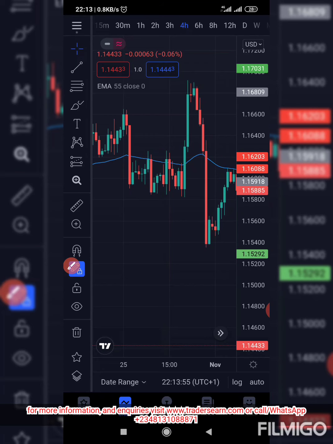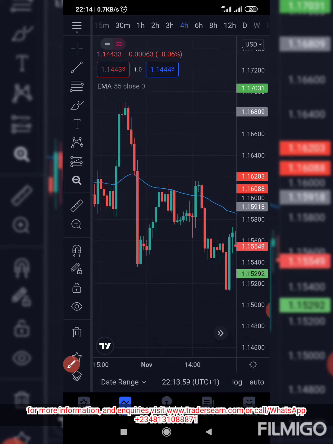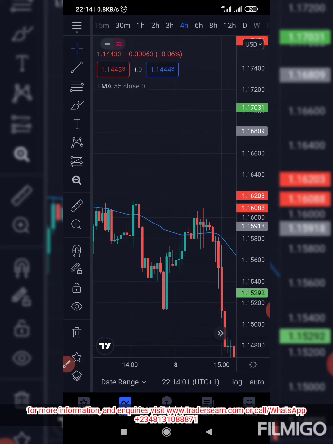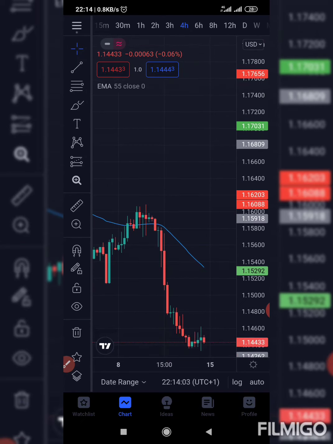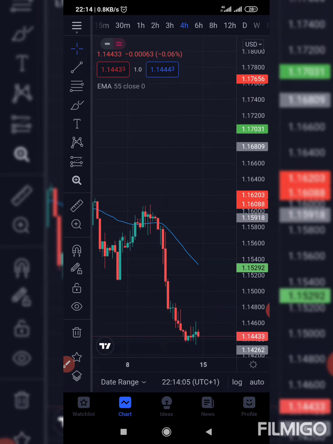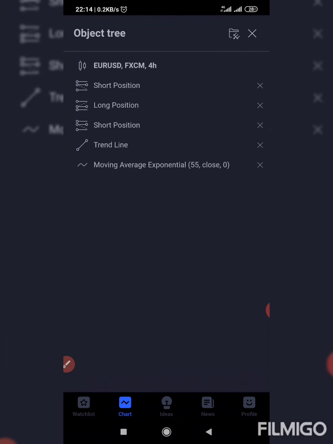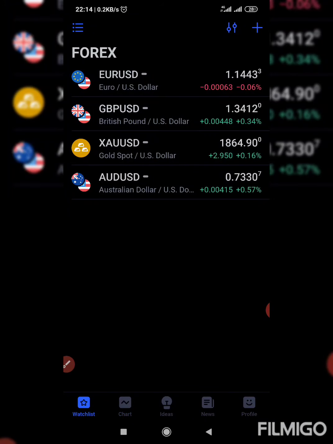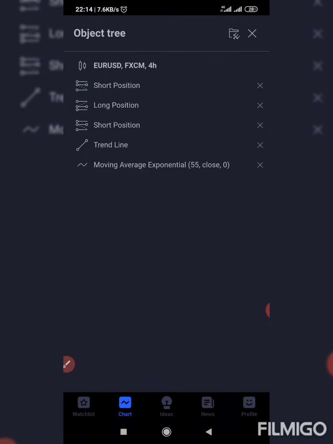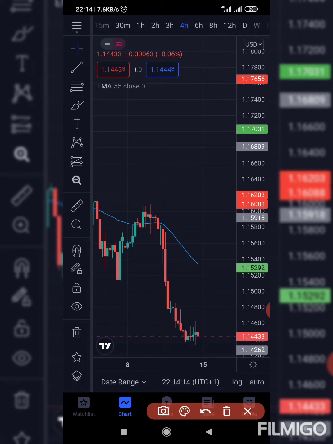Okay. So now, apart from support and resistance, another thing you can use it for is to define the trend. This is how you use it to define trend. When you see the candlesticks below the moving average, that means the moving average is telling you that the price is on a downtrend. When you see these candlesticks under the moving average, it's telling you that the price is trending down.